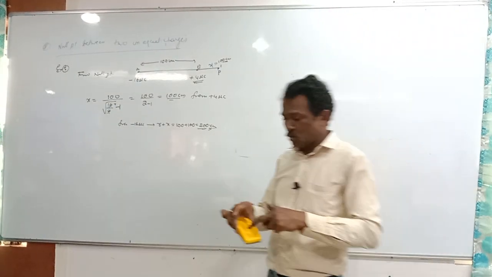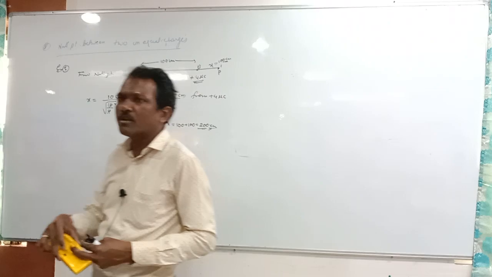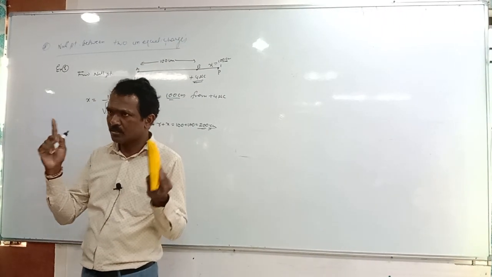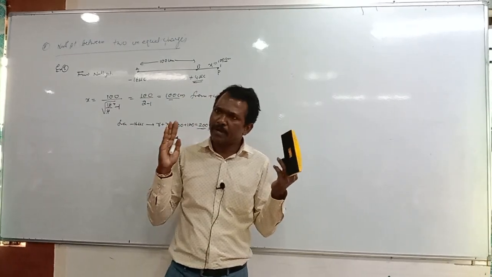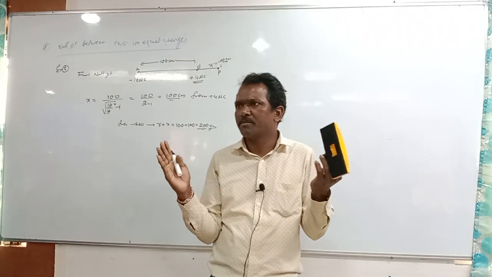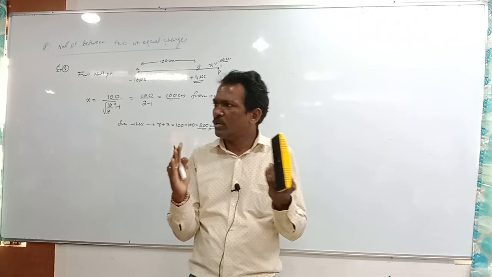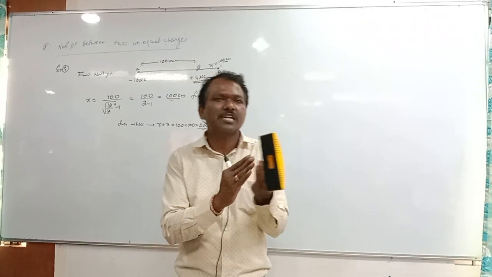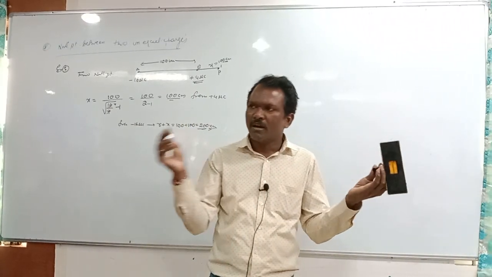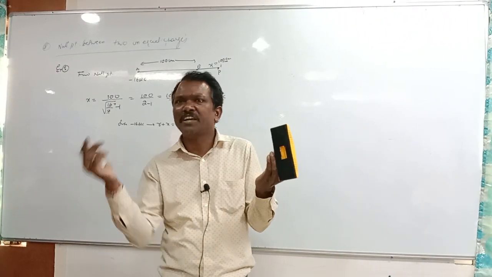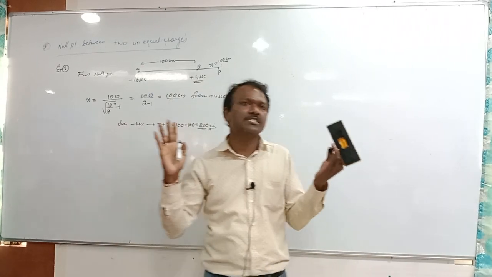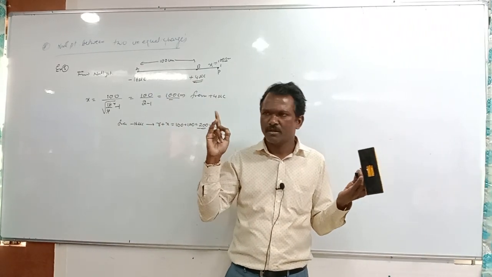Coulomb forces depend on what factors? One is the product of the magnitude of charges. If the charge is changing, meaning charge is transferred or added, or in contact and separation the charge varies, the force between the charges changes.